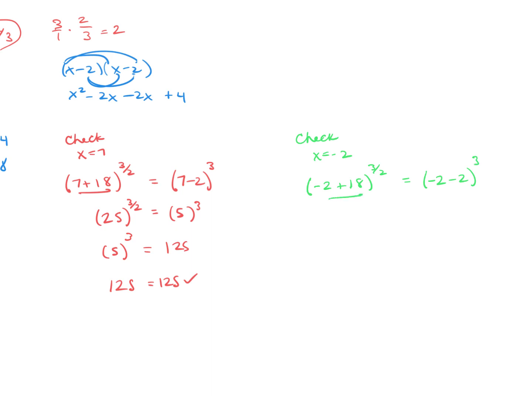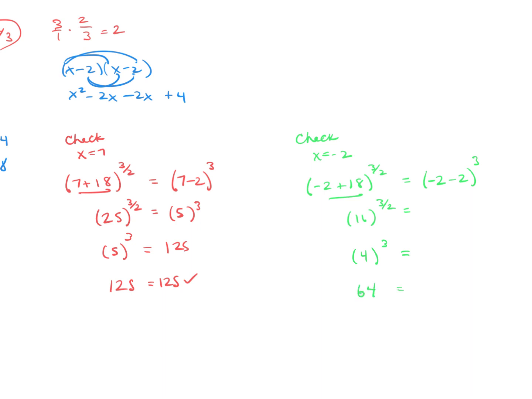All right, negative 2 plus 18, we're just going to simplify the left side. That is 16 raised to the 3/2 power. The root is 2, so let's take the second root of 16, which is 4, to the 3rd power, and 4 to the 3rd power is 64.